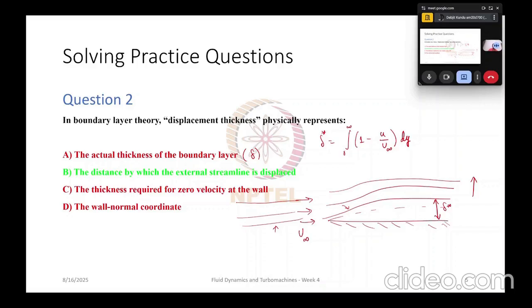We can just simply treat it as if there was an inviscid body which deflected the streamlines in a certain way and treat it as a simple inviscid flow. So that's what the displacement thickness physically represents.